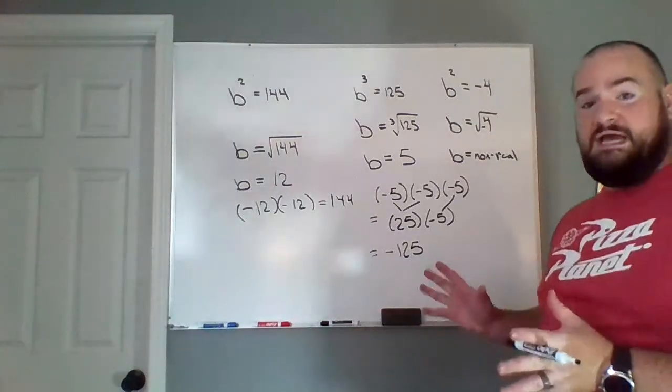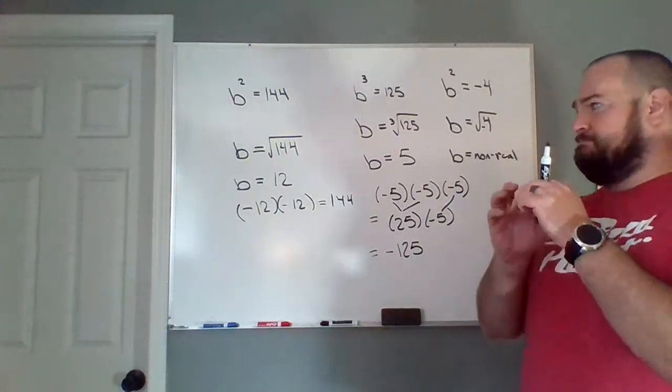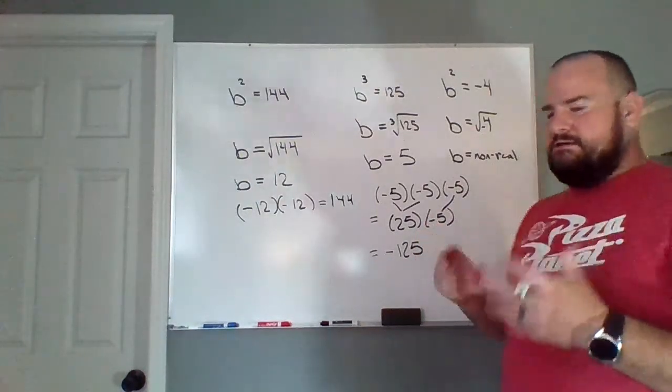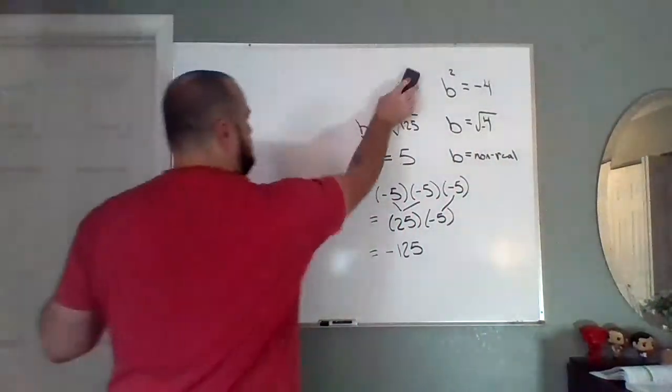Okay, we have some stuff here. Let's see if we can piece this together into like a process. So I'm going to erase this because I need more room, but you've got it in your notes.